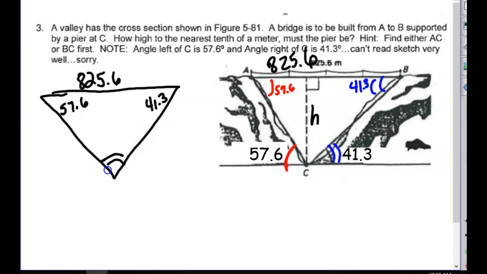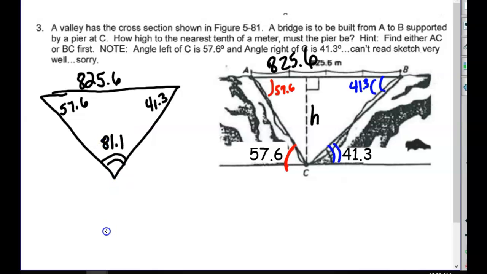Can we then find this guy in that triangle? 180 minus 57.6 and 41.3 leaves 81.1. Did anyone else get that?